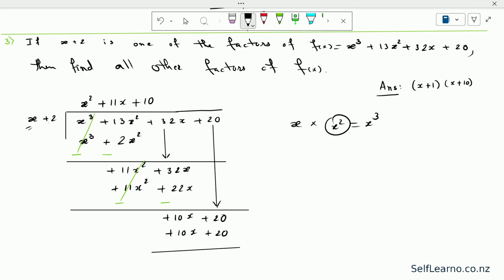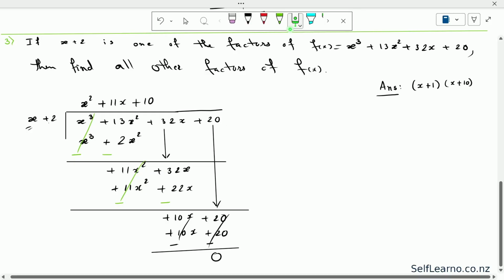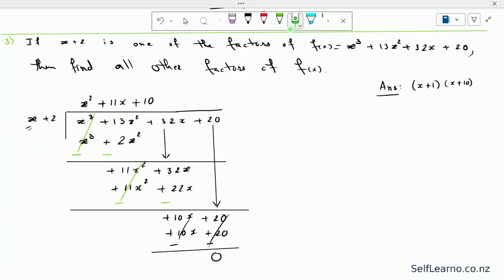That means the lower one is being subtracted from the upper one. Cancel and we get the remainder 0. As the remainder is 0, it indicates that this is completely divisible by x plus 2. That means x plus 2 is factor of this one. X is equal to negative 2 is a root of this.